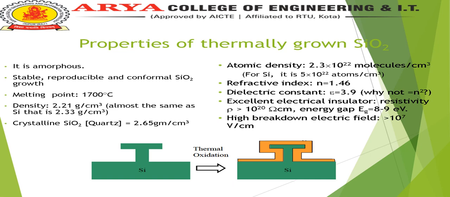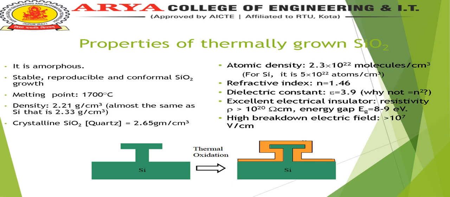Refractive index is 1.46. Dielectric constant is 3.9. It is an excellent electrical insulator, with resistivity rho greater than 10 to the power 20 ohm centimeter. Energy gap is 8 to 9 electron volt. High breakdown electric field, greater than 10 to the power 7 volt per centimeter.